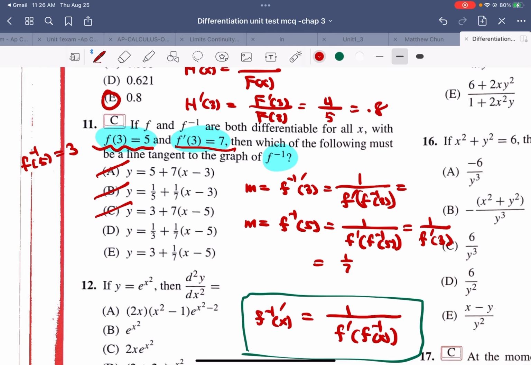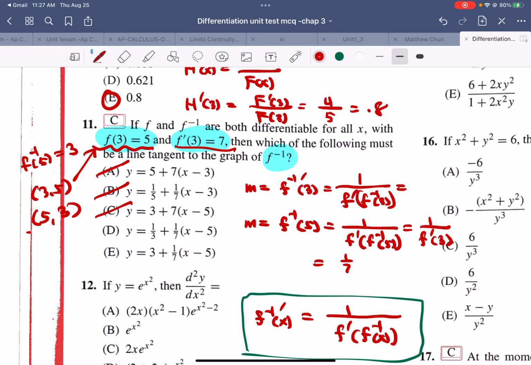Now, what is your y value? When x is 5, what is your y value? Here's what you can do. Since the point (3,5) is on the original function, the point (5,3) will be on the inverse.